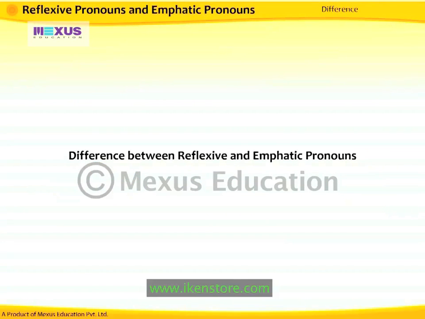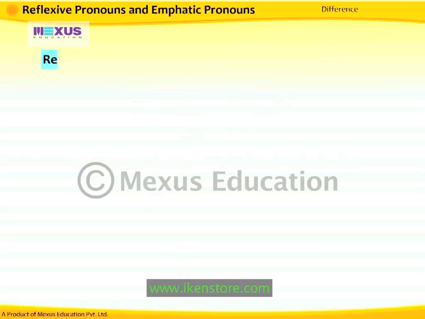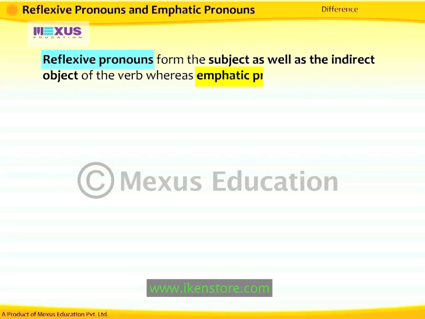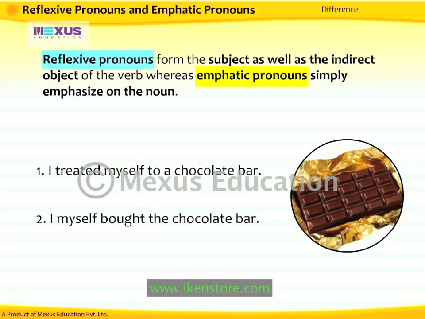Although the form of reflexive and emphatic pronouns is the same, there is a difference between these pronouns. Reflexive pronouns form the subject as well as the indirect object of the verb, whereas emphatic pronouns simply emphasize the noun. Take a look at these sentences.